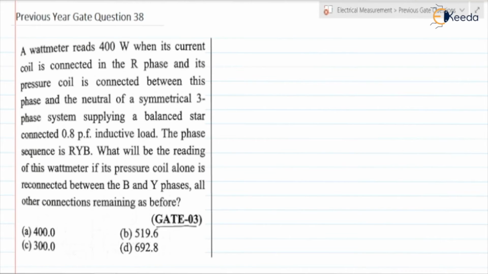So if you check, in the first case it is given that we are having a wattmeter whose current coil is connected in the phase R, and the pressure coil is connected between the same phase, that is the phase R, and the neutral. The load is star connected.